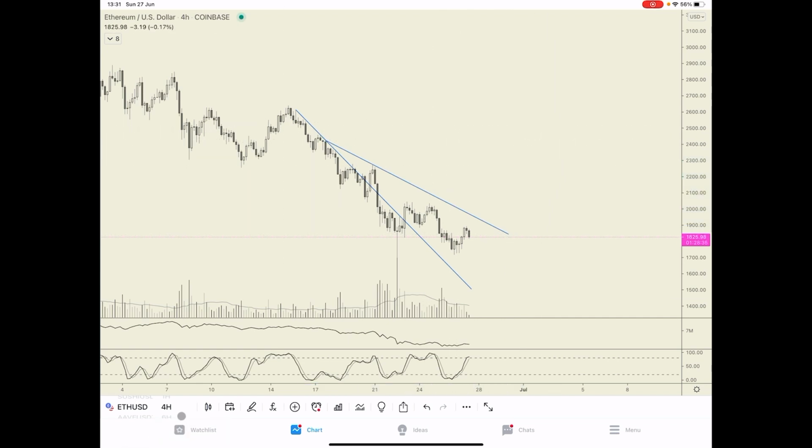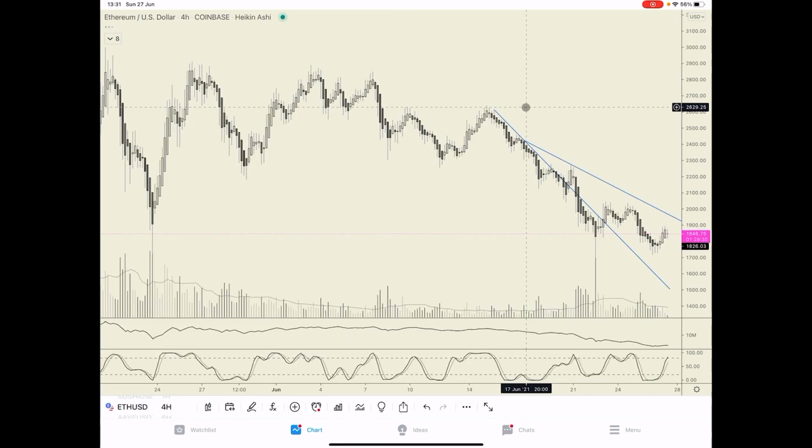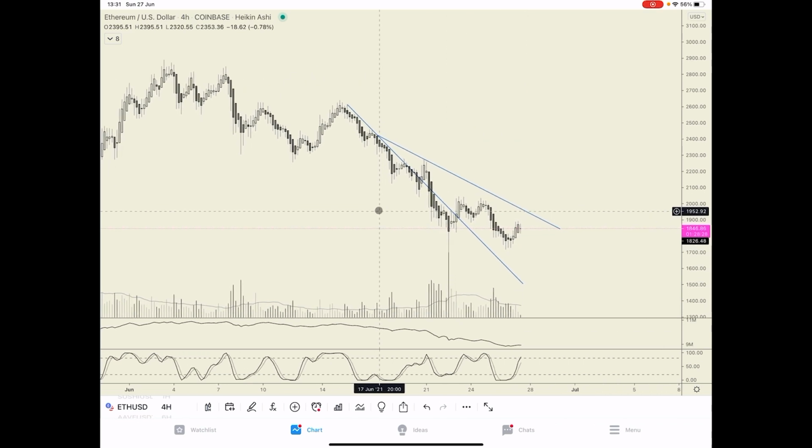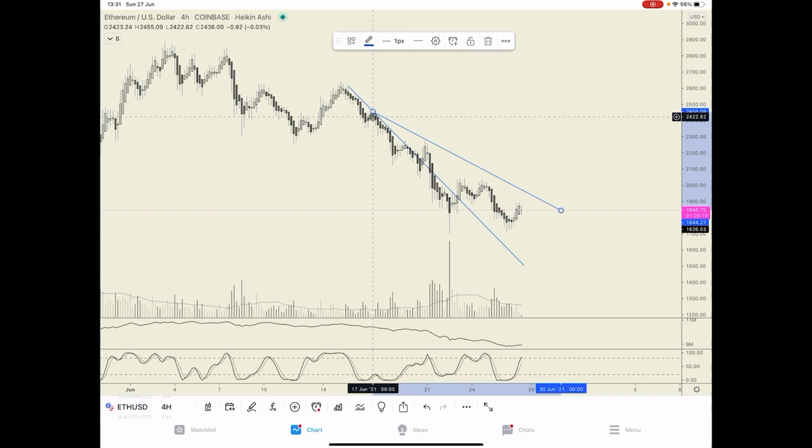Now, if it needs to be amended a little bit, I like to move to HA candles. And what does that give us? I think that hints to these last bullish candles there being the connection, and then the next one down here.